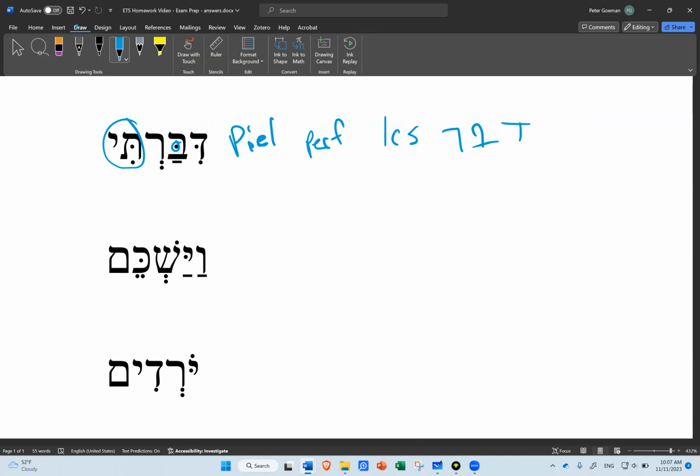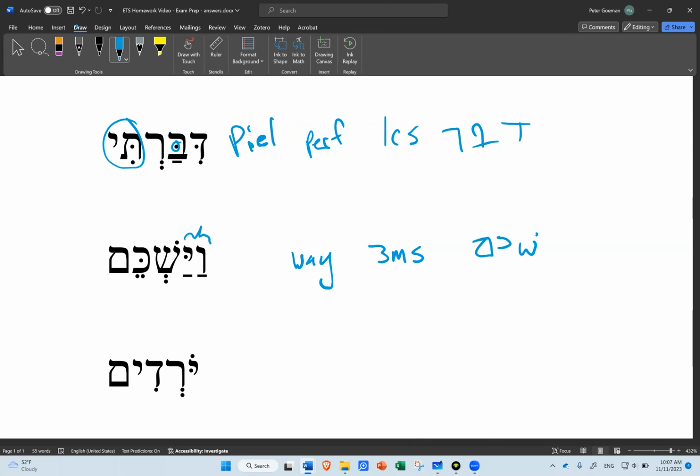And in this case, the vav and the yod are much more likely to be the prefixes. And if that's the case, we're dealing with a vayyiqtol. And because there's no suffix with a yod, that's the marker of a 3ms. Remember, eshmor, tishmor, yishmor with no suffix is 3ms. And then if the first 2 letters are the prefix, then we would be dealing with shakam.